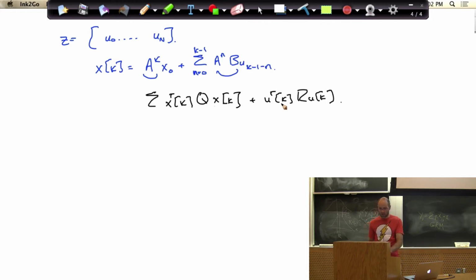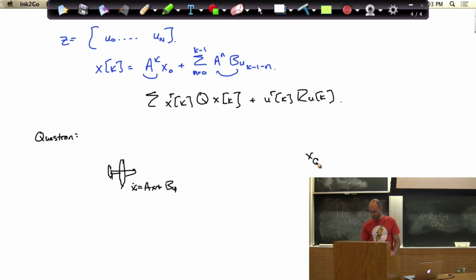All right, so let's make sure we're on the same page here. This is a question for you. If I have an airplane, I'm going to draw a silly airplane, sorry. It's got a tail. Let's say I'm willing to make a linear approximation of the dynamics of the airplane. I've got a goal here, and an obstacle here.